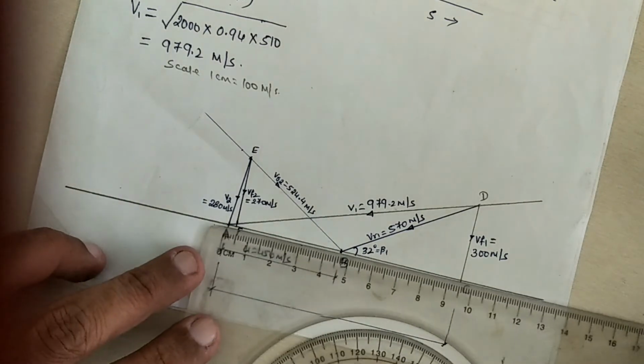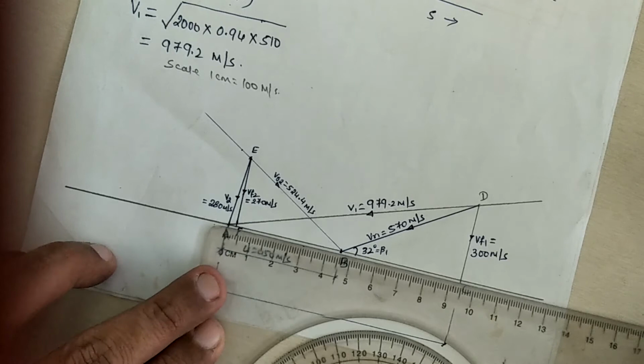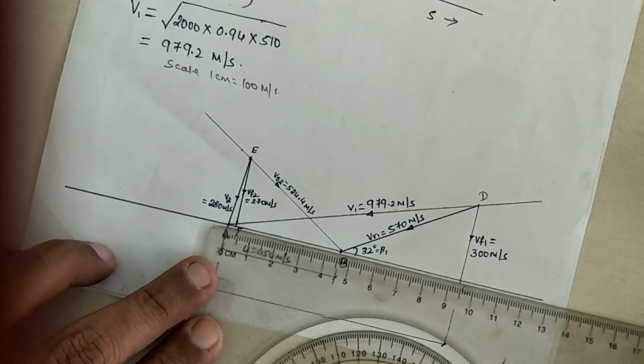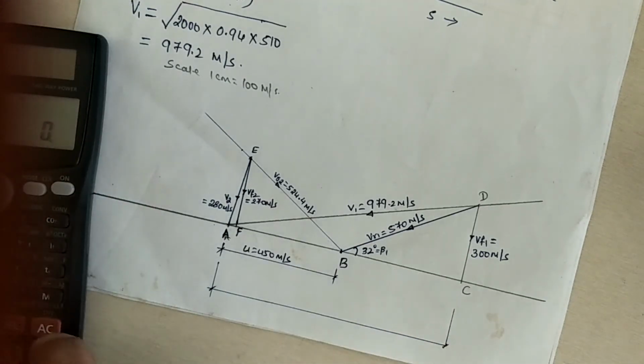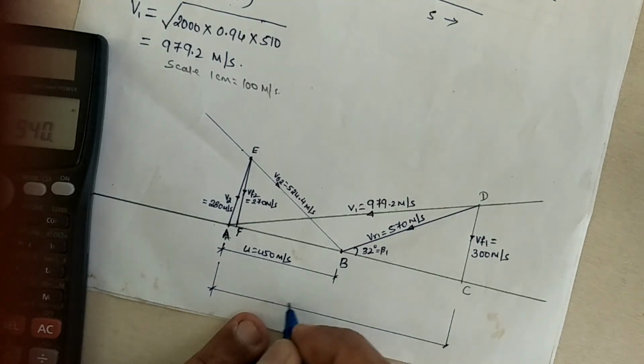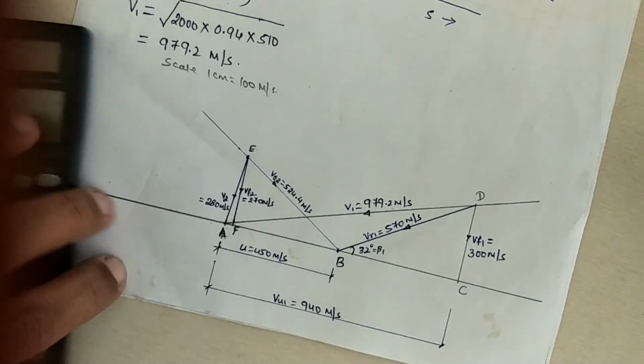AC is 9.5 or 9.4 centimeters, so I will go with 9.4 centimeters. 9.4 into 100, so I will get VU1 is equal to 940 meters per second.